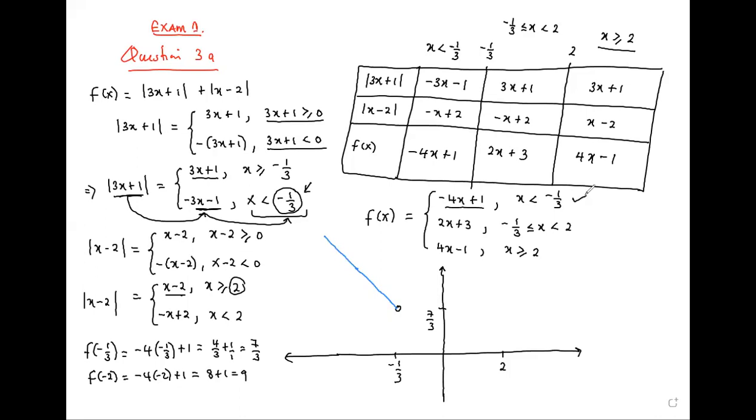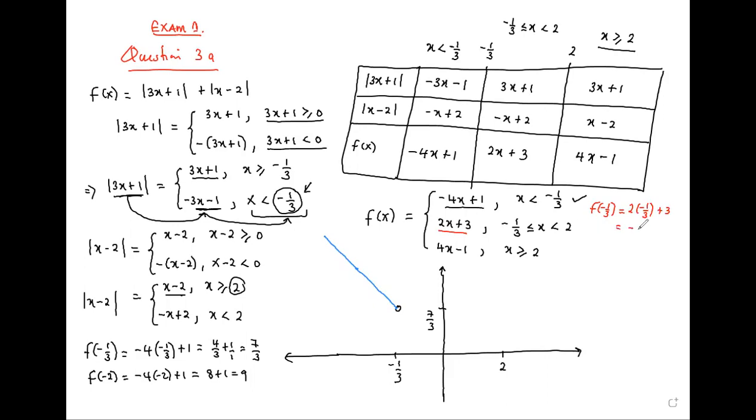In the second piece, we get the same negative 1 over 3 and substitute it in f of negative 1 over 3. But this time around, the f we're dealing with is this one here. So we have 2 by negative 1 over 3 plus 3.